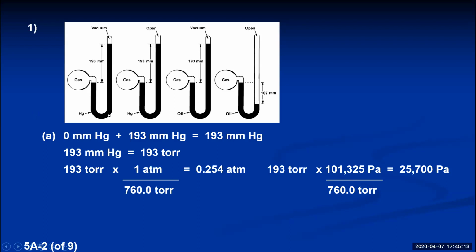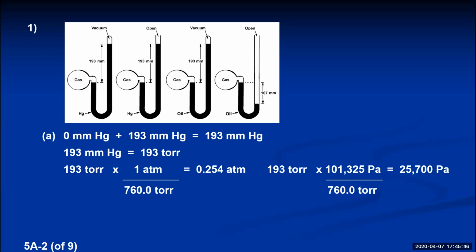The second manometer also has a gas trapped by mercury, but in this case, the manometer is open. So what's being exerted on the mercury on the right side is the atmospheric pressure of 756 millimeters of mercury. When reading a manometer, what's important is the difference in levels. Because the gas is pushing its mercury level down harder than the open atmosphere, the gas's pressure must be greater, exactly like in problem A. So the gas's pressure is 193 millimeters more than whatever the atmosphere's pressure is.